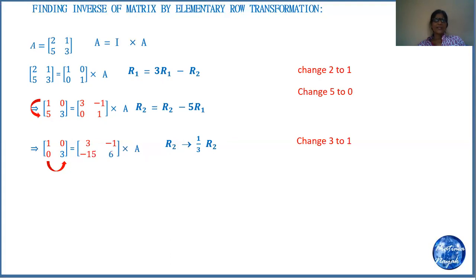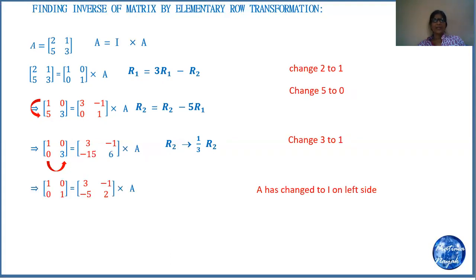So what will be the result? Result will be 1, 0, 1, 0. And the right side, see the operation? It will be minus 15 into 1 by 3, minus 5, 6 into 1 by 3, that will be 2. So here I am getting identity matrix in the left side.